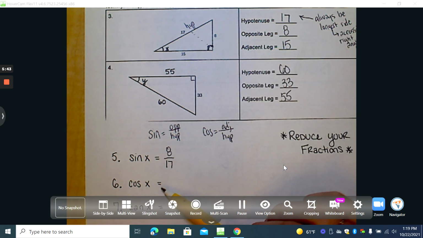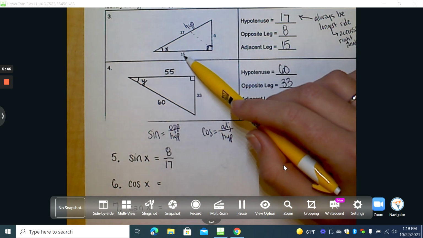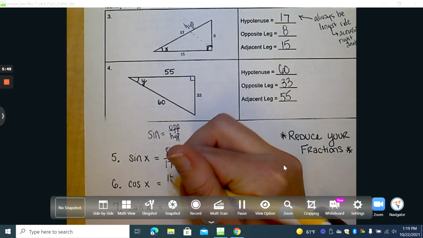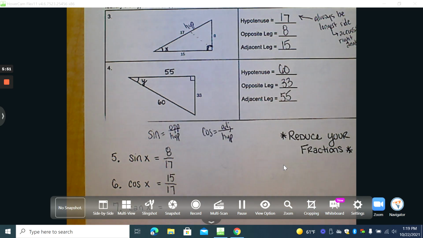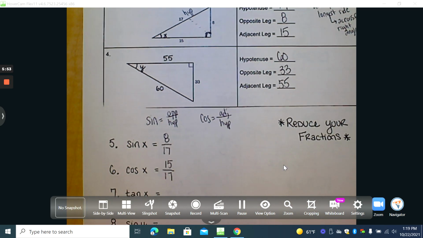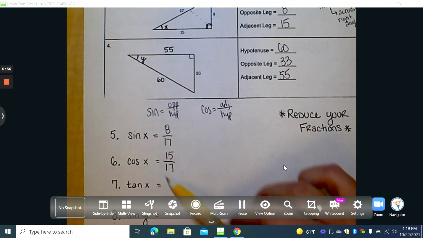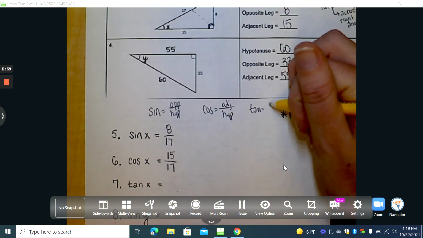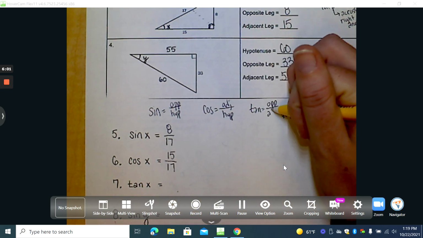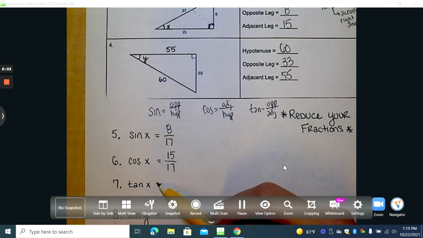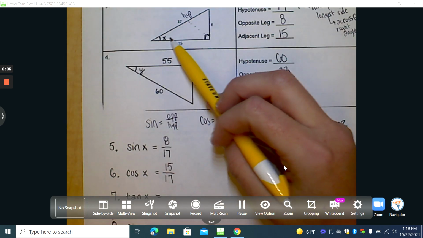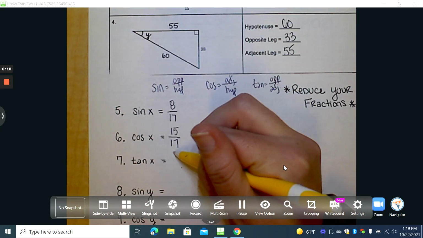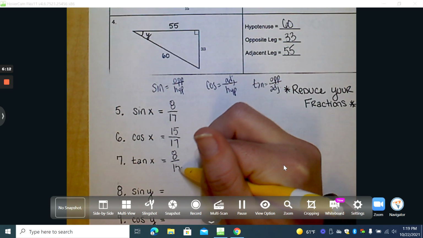And so cosine of x, my adjacent side is 15, my hypotenuse is 17. So 15 over 17. And then my tangent of x, tangent is my opposite over my adjacent. So tangent of x, x is over here, my opposite's 8, my adjacent is 15, so my fraction should be 8 over 15.